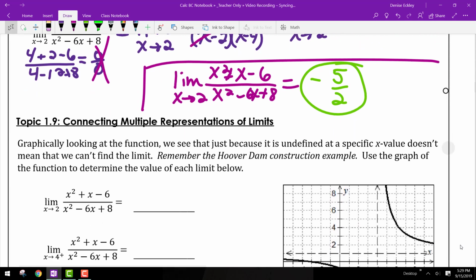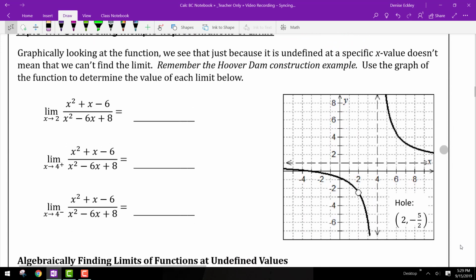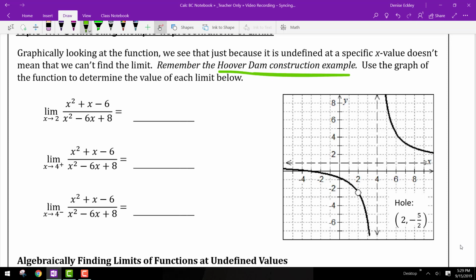Okay, so let's put this all together a little bit. So looking at a graph of a function, we can see that just because it's undefined at a specific x value doesn't mean we can't find the limit. And we talked about this in lesson 2. And I'm recalling you to the Hoover Dam construction picture where you had the bridge almost done and it wasn't quite connected, but you knew where it was going.